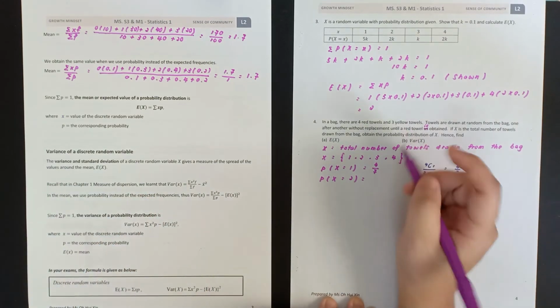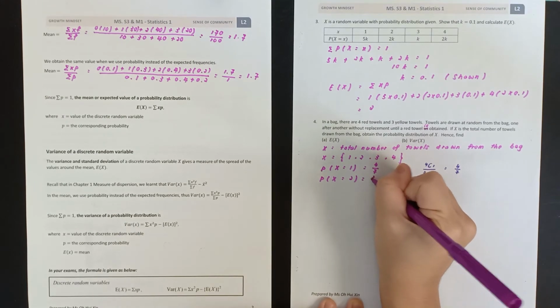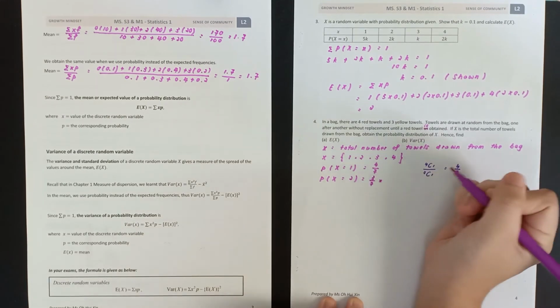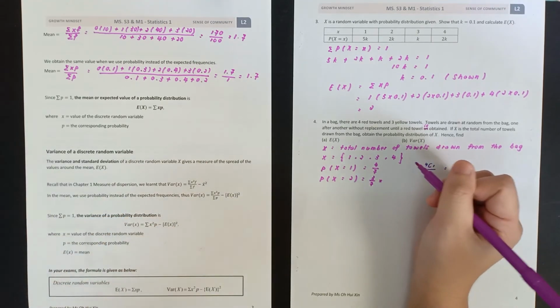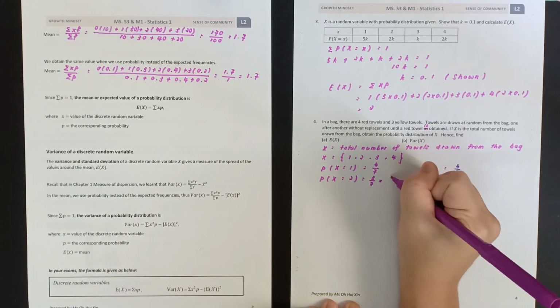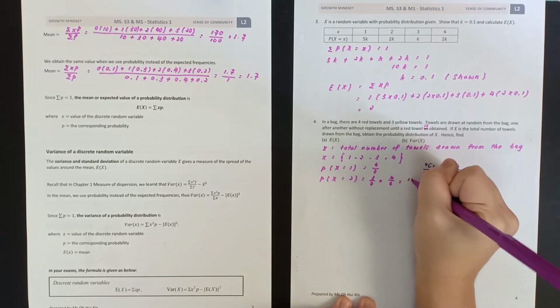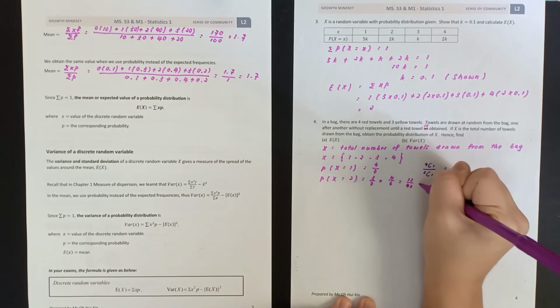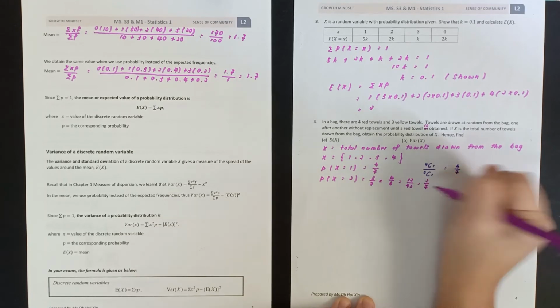So the first time you should get a yellow tower, which the probability is 3/7. I get a yellow already, meaning that now inside the bag, I only have 6 left. And then I need to get 1 out of the 4 towers, so that's why 4/6. Which gives me 12/42, which is divided by 6, I should be able to get 2/7.